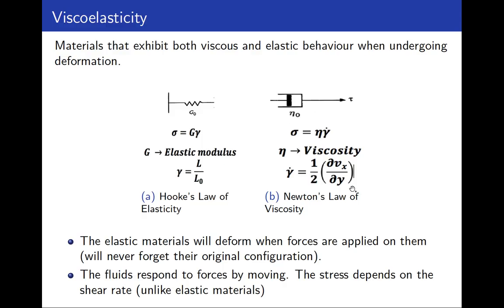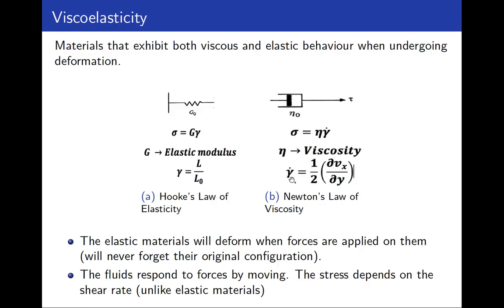On the other hand, we have Newton's law of viscosity, which I already explained a few slides before. Fluids respond to forces by moving, and the stress depends on the shear rate, unlike elastic materials. For elastic materials, the springs respond to the strain, the deformations, but fluids respond to the derivative of the strain.